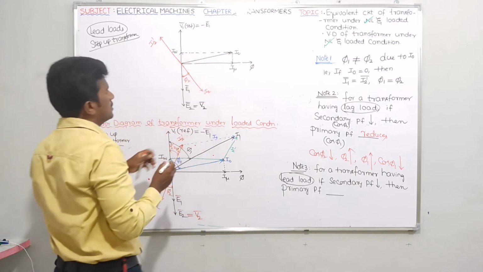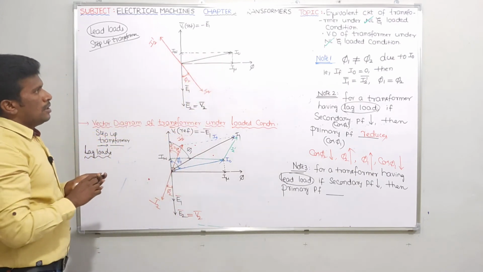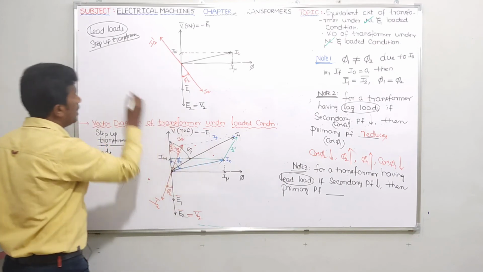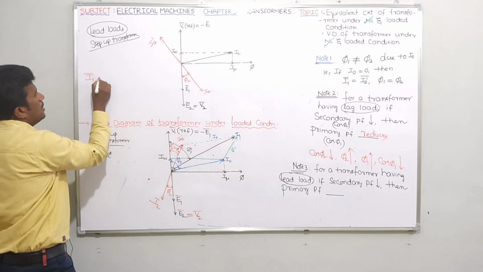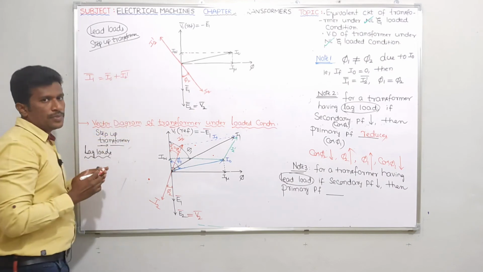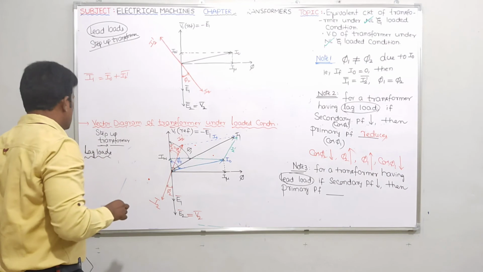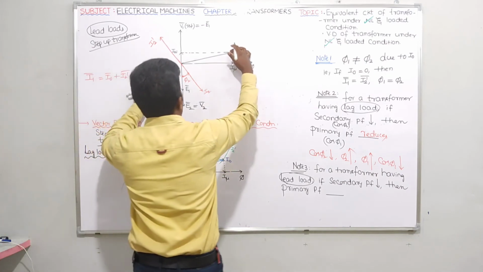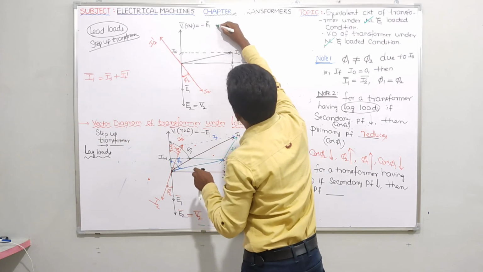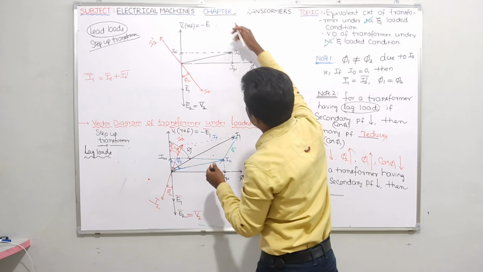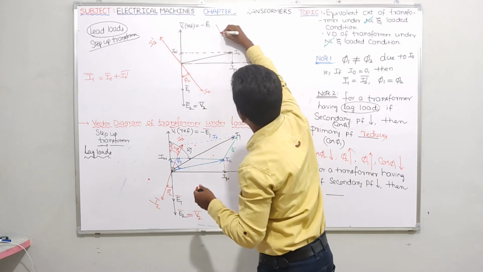Next, guys, please tell me, I1 bar means what I said here. I1 bar means I0 bar plus I2 dash bar. So let me add: the vector sum of I0 and I2 dash gives you I1. Here I0 is there. To this let me add I2 dash, using the same color, like this.